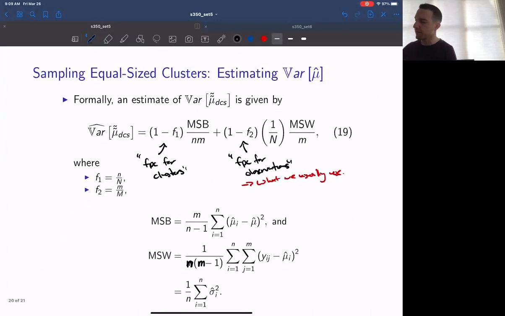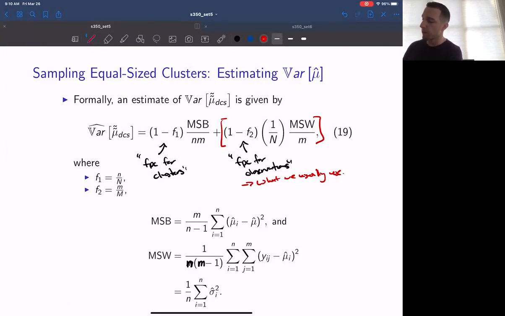So what we can see based off of those first two approaches is that if capital N is very large, the second term goes to 0 in that case. Therefore, we have the reduction mentioned on the preceding slide.